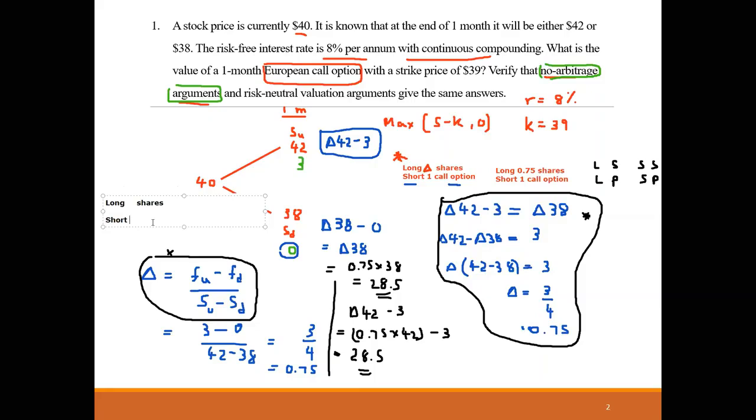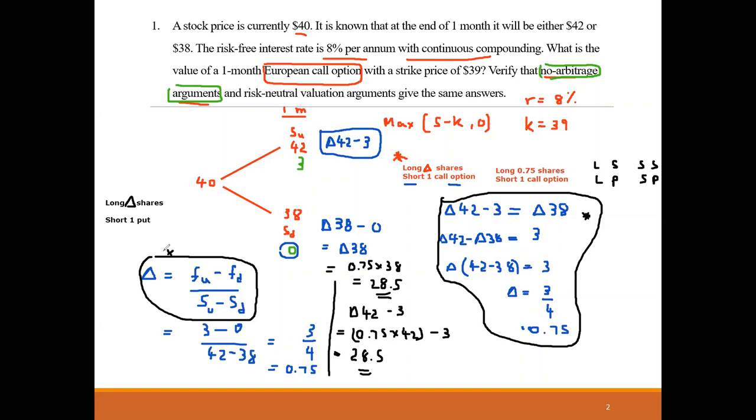So if I'm considering a put option also, I would take a short position in one put, right? If that is the case, what can you tell about the value of delta? Will it be a positive value or a negative value?